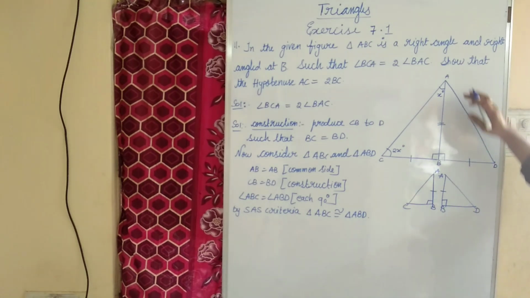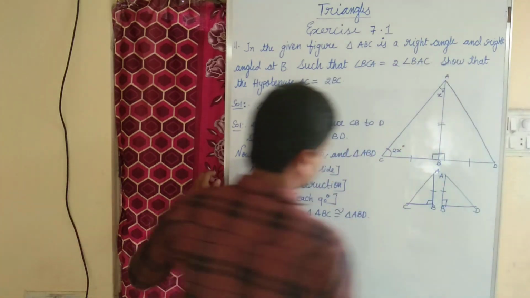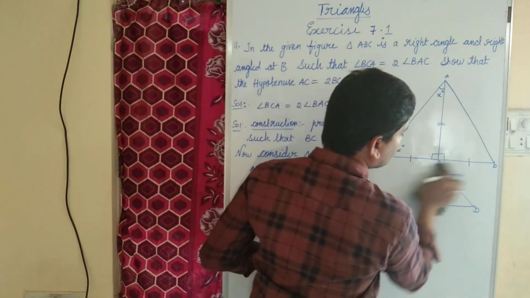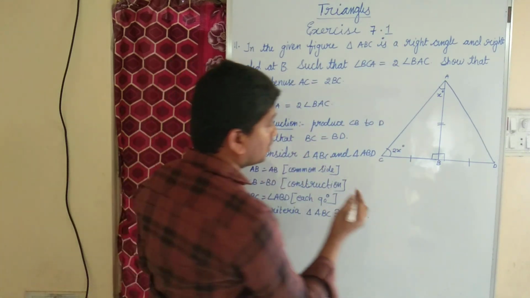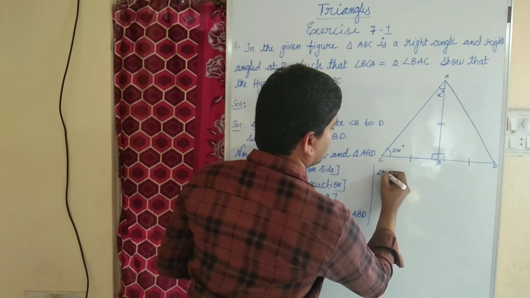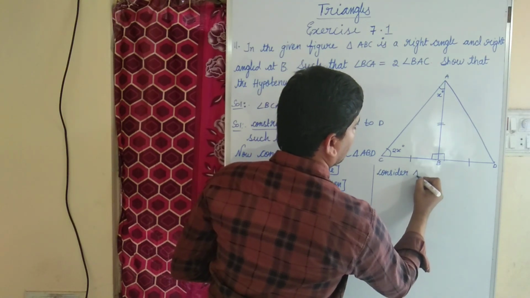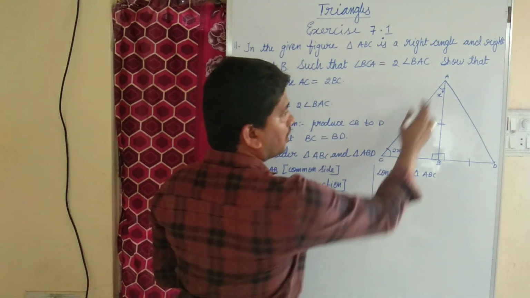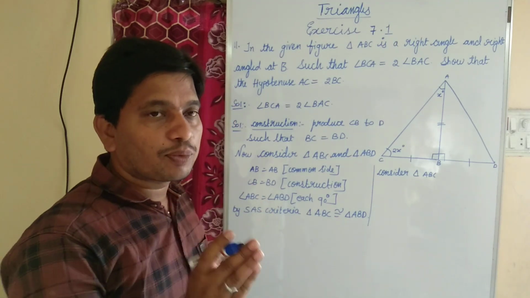Now consider triangle ABC. We know the angle sum property of a triangle.